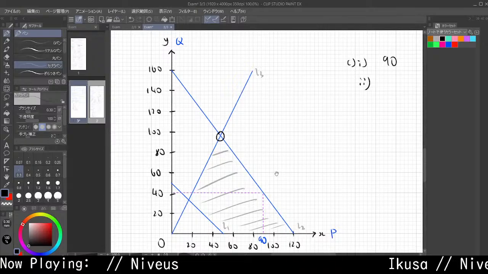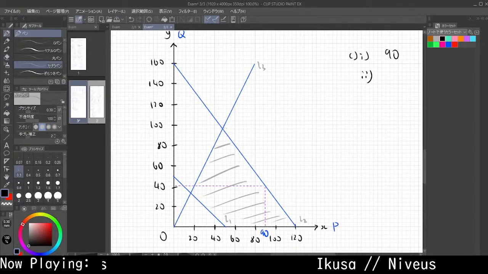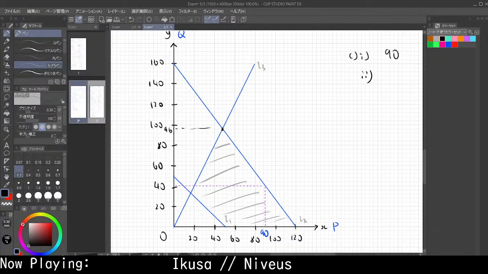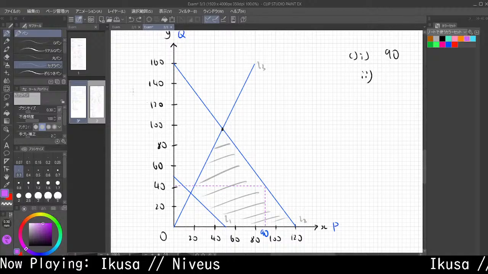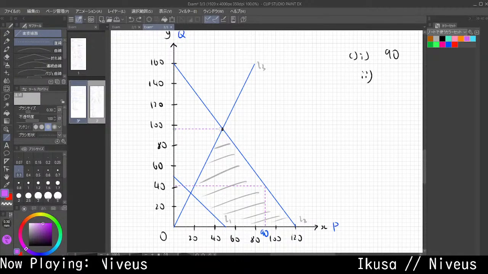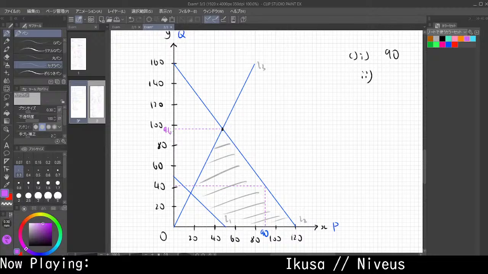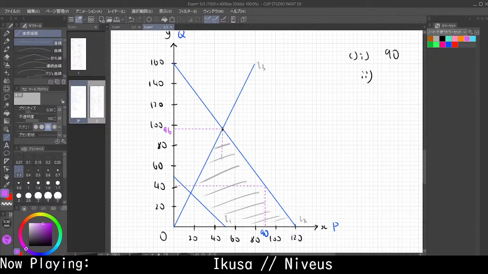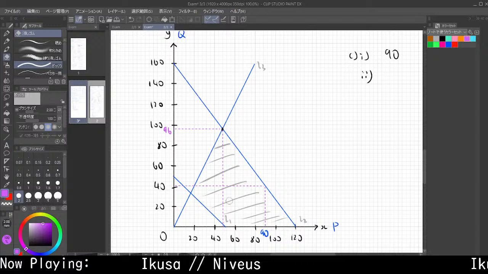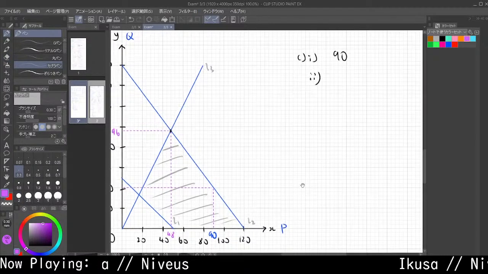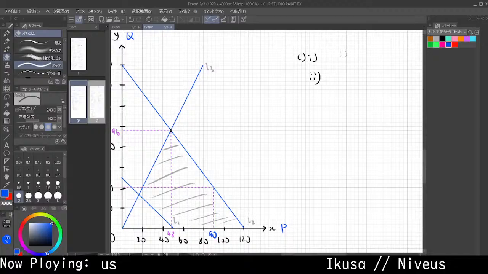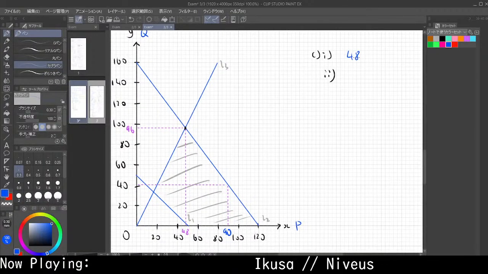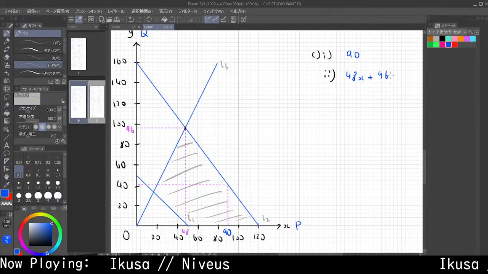Yeah. So in this case, the maximum number that we have with this point over here corresponds to 96 over here, and 48 at the bottom. So we have 48 of P, which is X, plus 96 of Y. This is the maximum that we can get that's within the region.